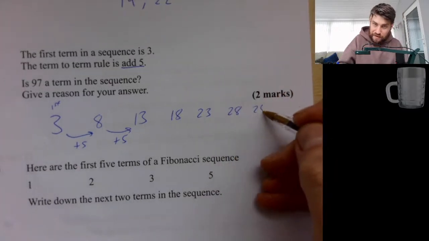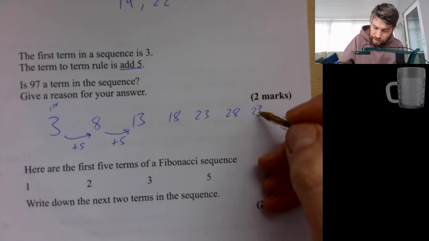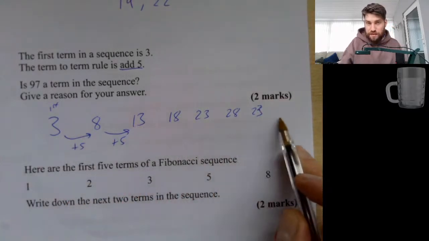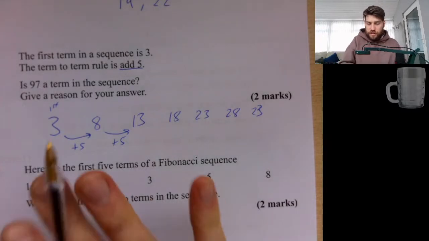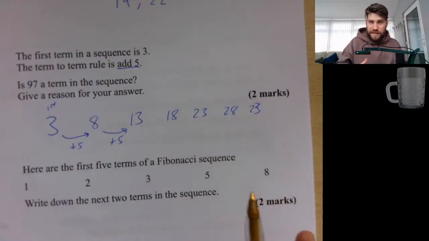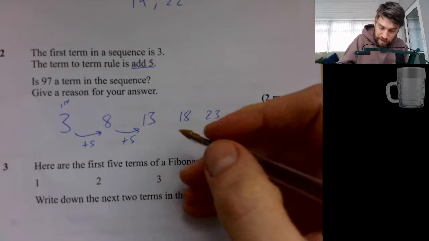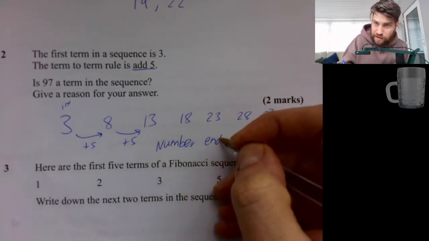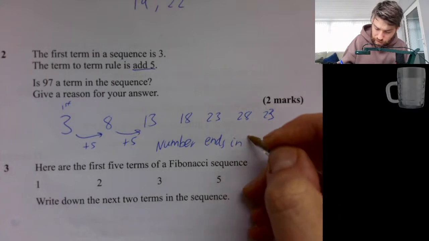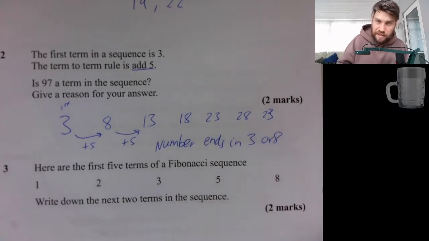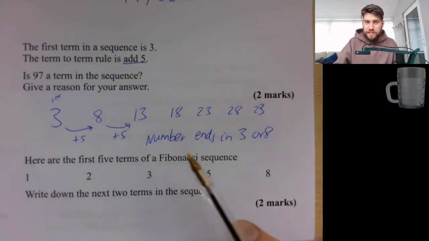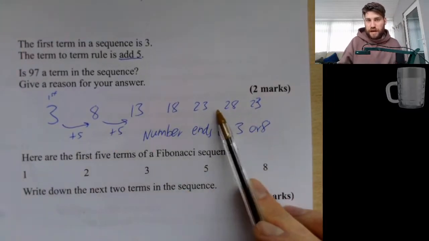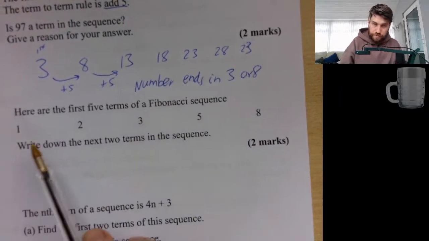And you can clearly see here, it's ending in a 3, ending in 8, 3, 8, 3, 8, 3. So you can write a sentence basically saying, number ends in 3 or 8. As long as you've got something that explains the pattern, because you can clearly see a multiple of 5 is not going to come up in that pattern at all, okay?